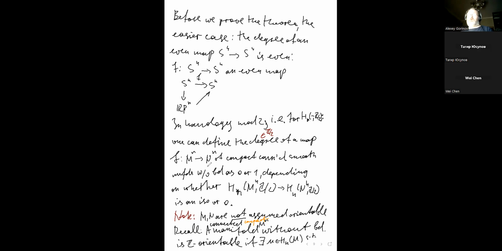So the degree is one when the map is an isomorphism, and zero if the induced map is zero.